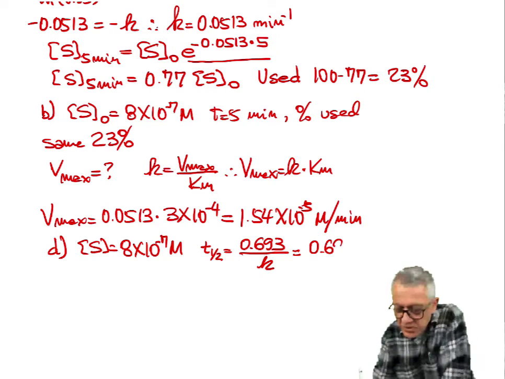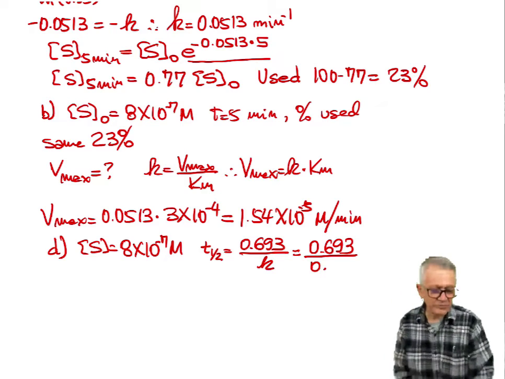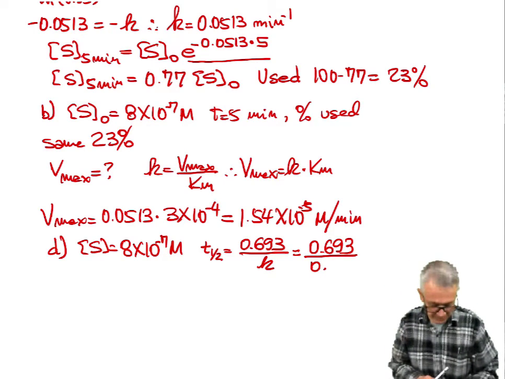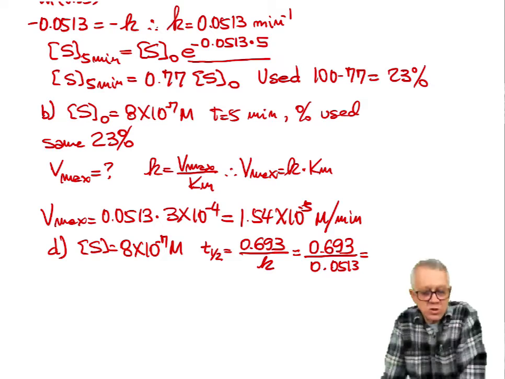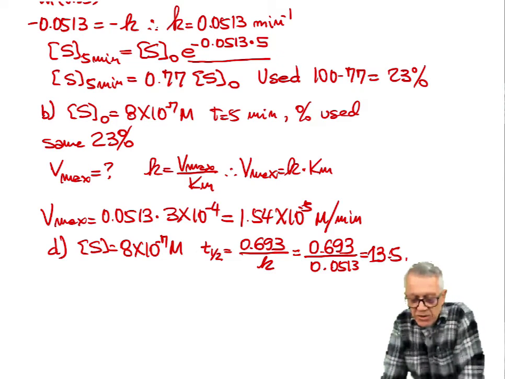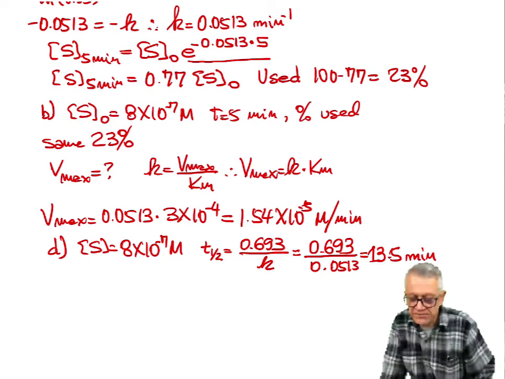We have 0.693 divided by 0.0513, which is 13.5, and this is in minutes, because we are working in units of minutes. So that will be the answer. Very easy for question D.